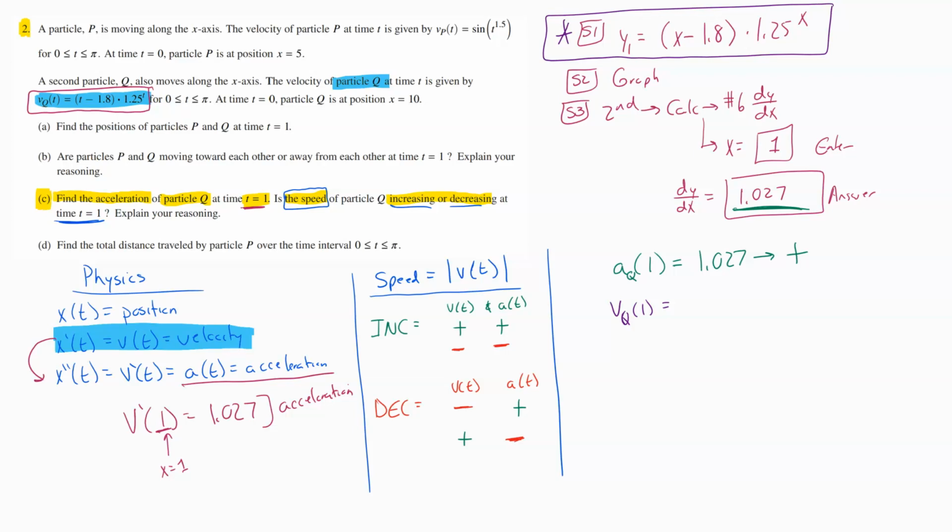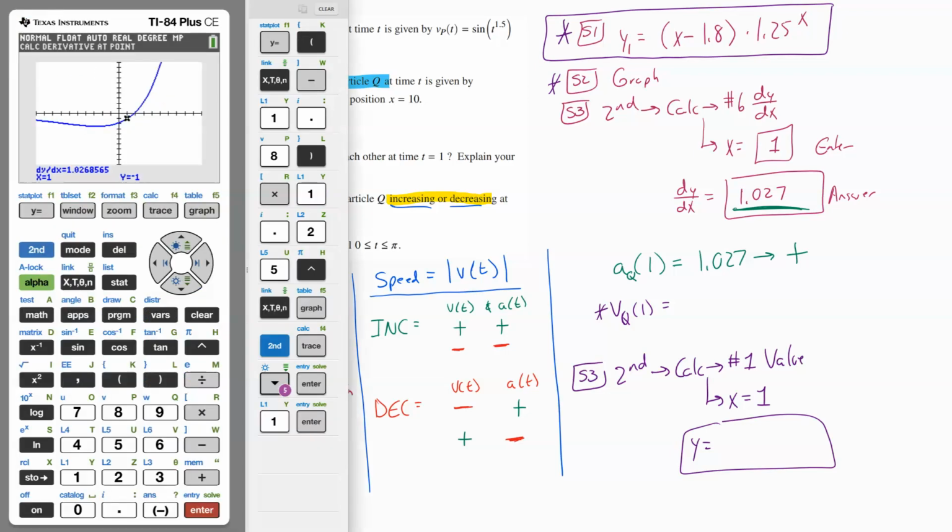So we'll go back to our graph, and then rather than doing a second calc dy/dx, our new step 3 for this process would be to do a second calc and then choose the number 1 option, which is value, and then it'll ask us at what x value we want to do it at, and we'll type in 1. Whatever the y value is that comes out of there, that's going to be our velocity, and we'll use whether it's positive or negative to determine whether or not our speed is increasing or decreasing.